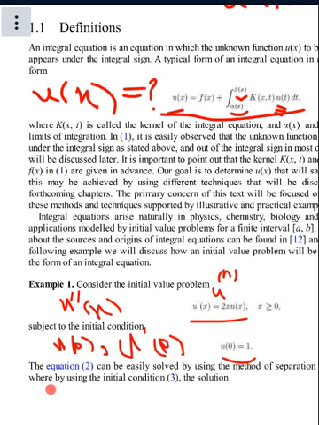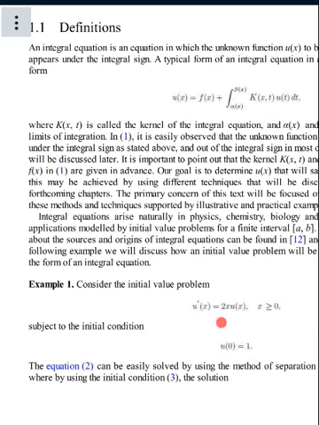This equation can be easily solved by using the method of separation. I don't know if you remember the method of separation or not. In the method of separation, we try to separate our variables.